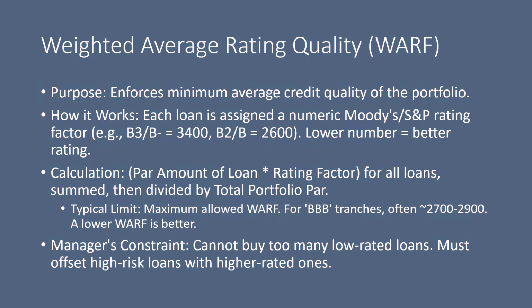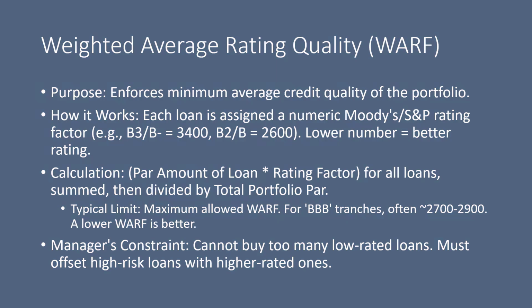Okay, so next let's talk about three key weighted average maintenance tests. First is our WARF, which is our weighted average rating factor. Every loan is mapped to a number, right? Let's consider it as a credit score.